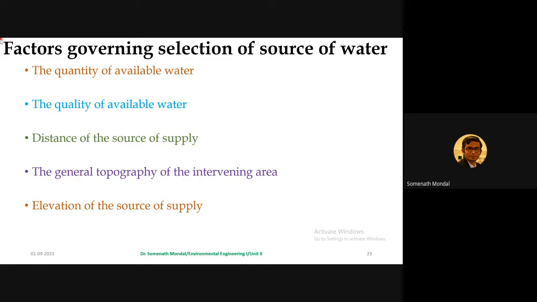Now, the general topography of the intervening area. The area of land between the source and the city should not be highly uneven. There should be a natural slope, and that would help you to take that water, and you can reduce the cost of pumping also if you have such terrain.